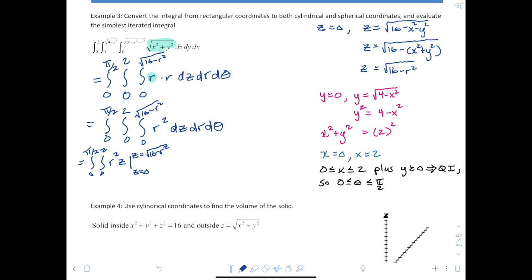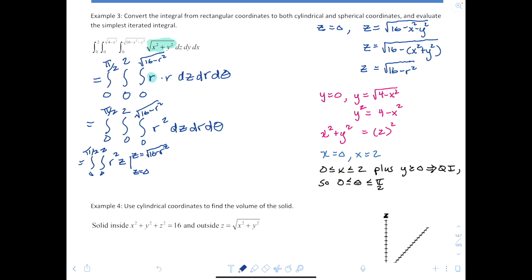Actually, I don't think this is going to be the easier one to integrate, because you're going to end up with an r squared times root 16 minus r squared, and then minus 4r squared, which we might need to use trig substitution on.